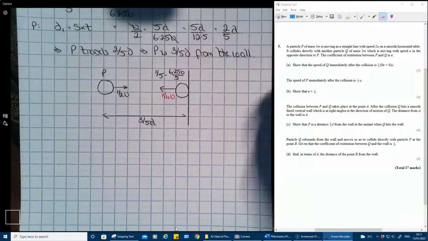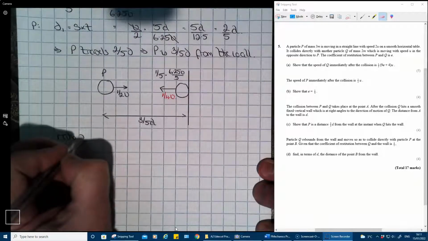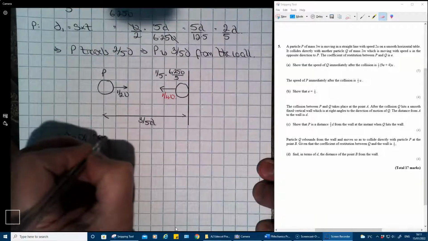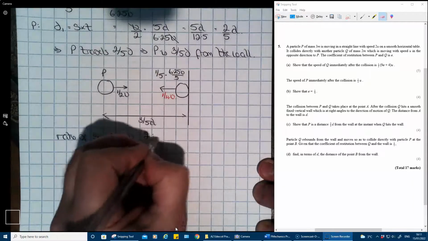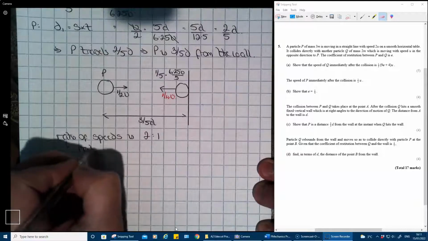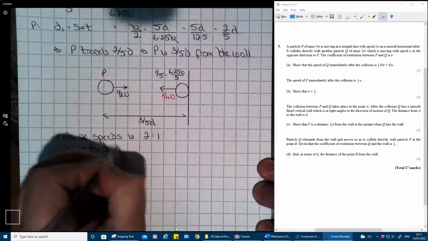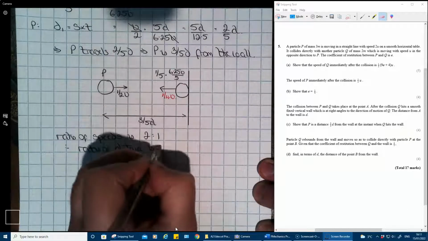Okay, so the ratio is probably simplest here. The ratio of the speeds is 2 to 1. Therefore, the ratio of the distance travelled is 2 to 1.